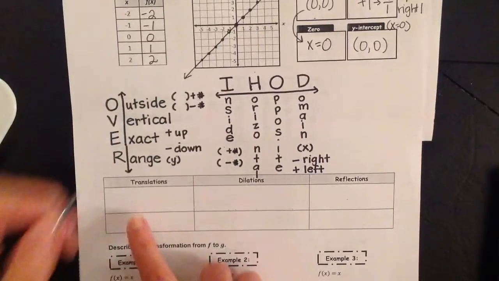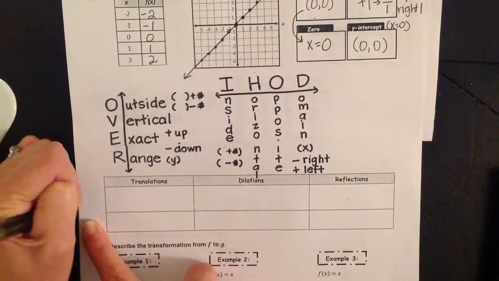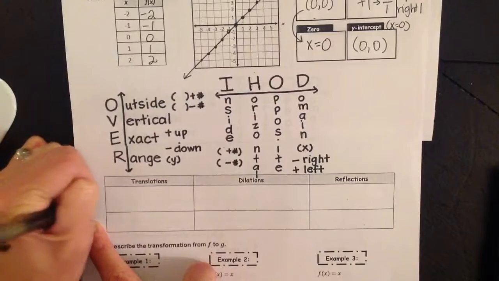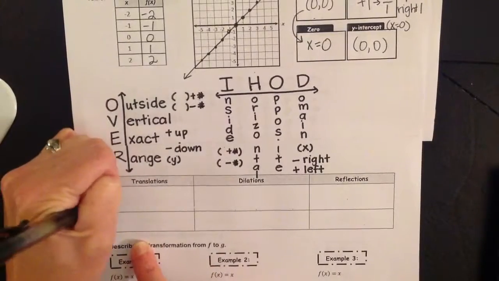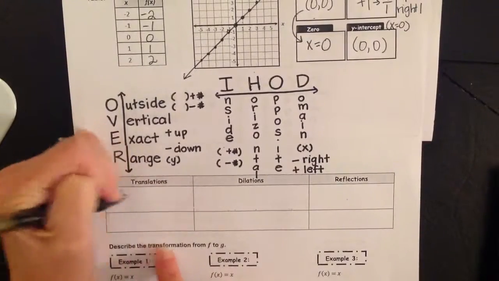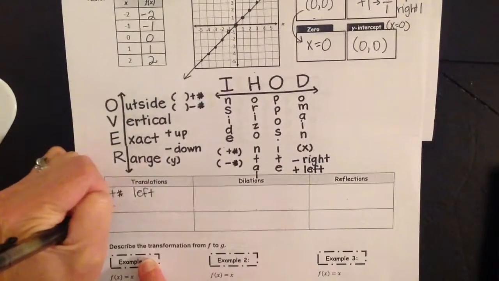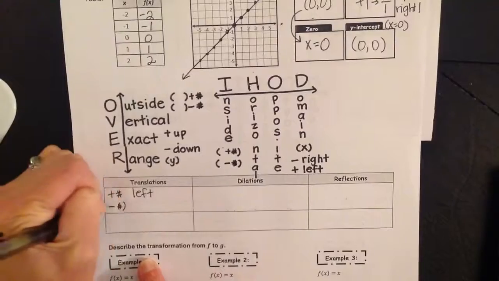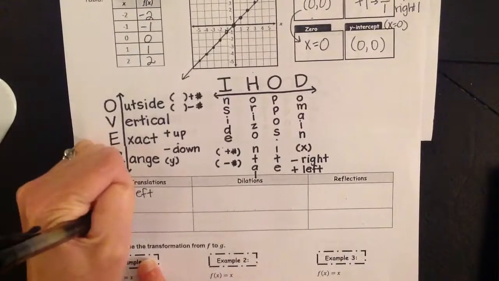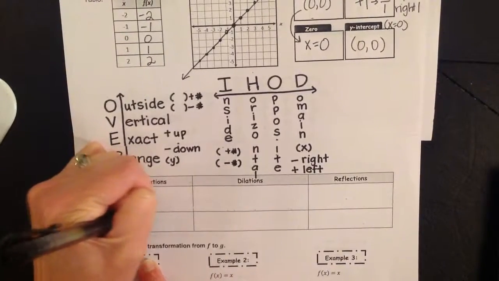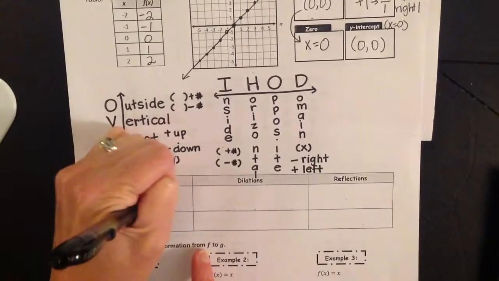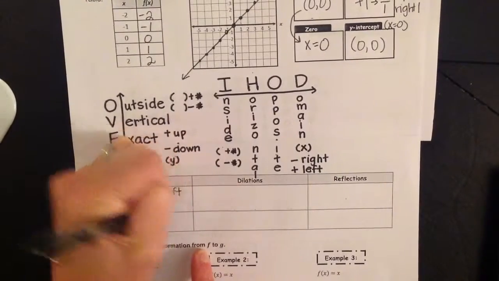So we've got translations, and you've got your IHOD number. If it's a positive number inside the parentheses, it's going to move you left. If you have a negative number inside the parentheses, it's going to move you right. I'm going to say left shift and right shift.